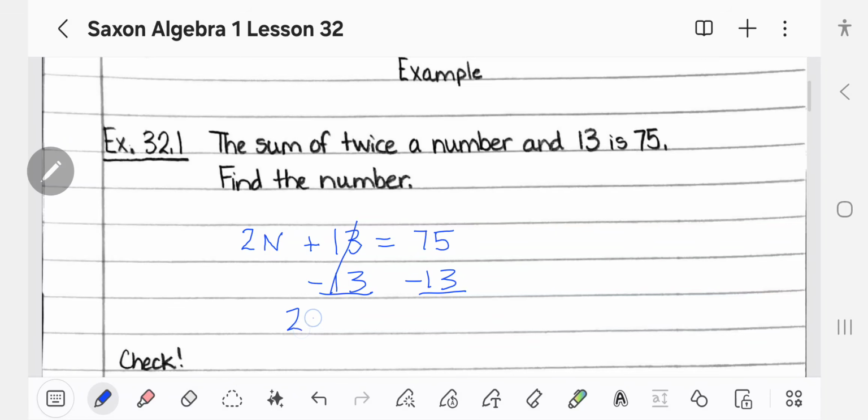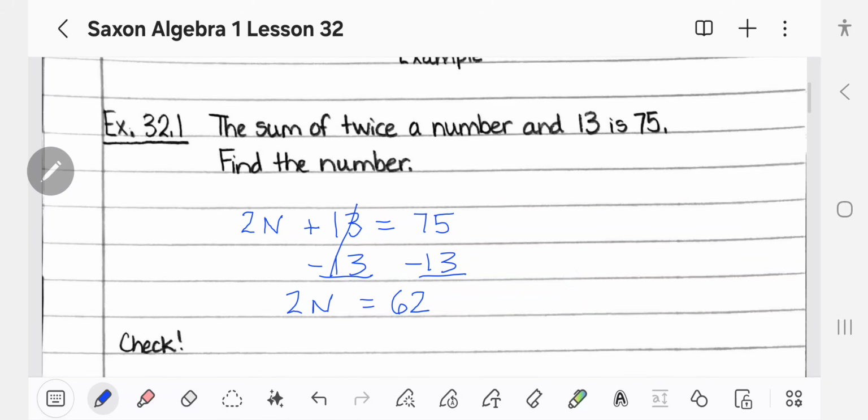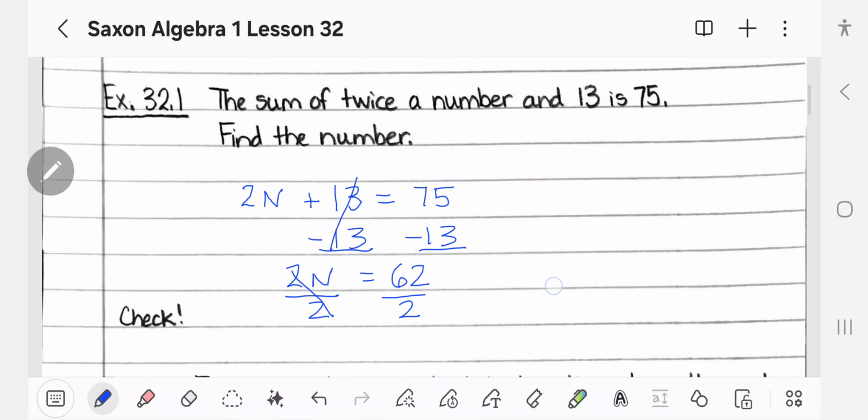And we're going to get 2n is equal to 62. Now we've got a numerical coefficient of 2 multiplied by the n, so we're going to divide both sides by 2. And we're going to get n is equal to 62 divided by 2, which is 31.